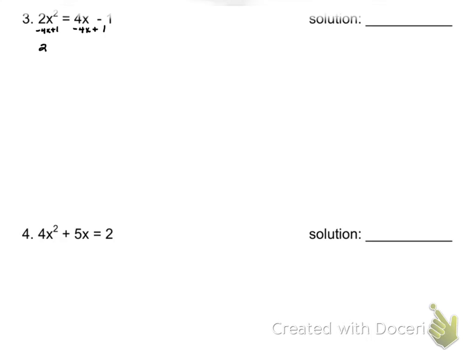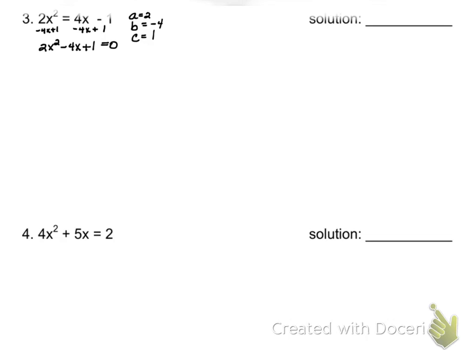So you end up with 2x squared minus 4x plus 1 equals 0. And then you figure out your a. So a is 2 and b is negative 4 and c is 1.